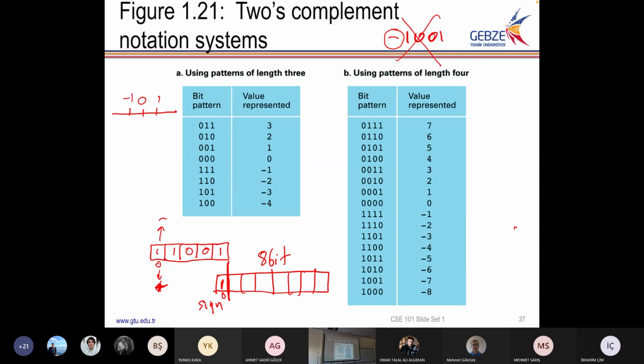There is a way to represent fractional numbers, but in computer memory, it's again binary. So you cannot have 1, 0, 0, and little bit 1, meaning half. So it's not possible.